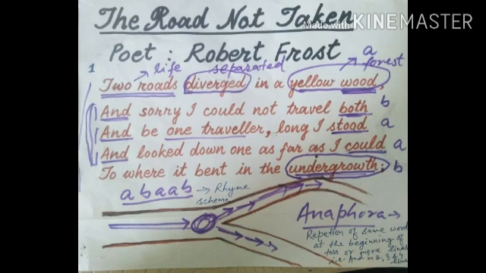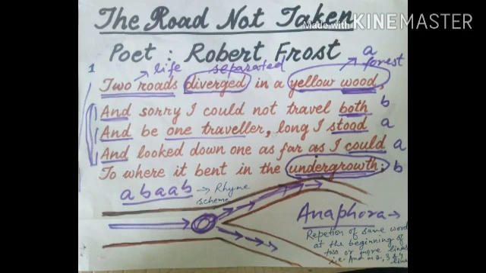Okay students, now we will see the literary devices used here in this stanza. The first, we can see the rhyming scheme of the stanza. As you can see, the rhyme in each line at the end. The first line ends with would.